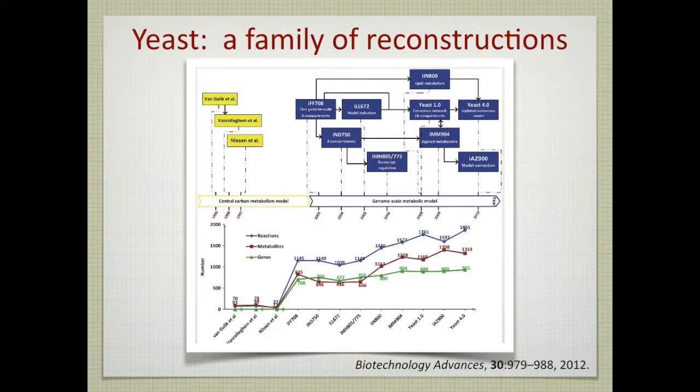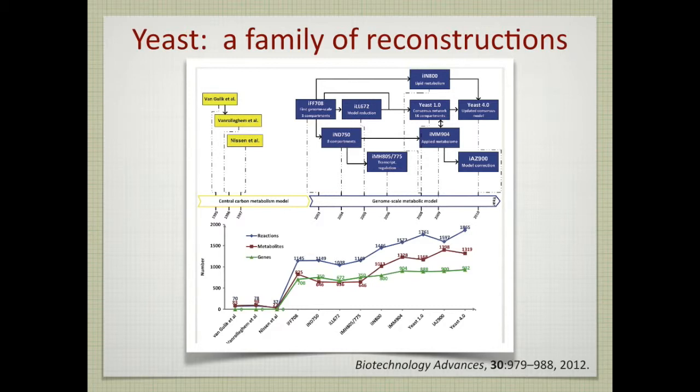And that set in motion a process of building multiple different models that have now converged to Yeast 4.0, at least published as of 2012. I think there is Yeast 5.0 now and Yeast 6.0. And I think that the community is getting close to having a consensus model of yeast metabolism, although some disagreements still exist.